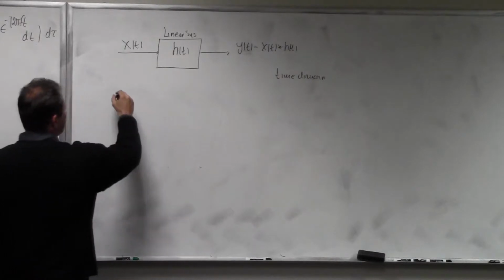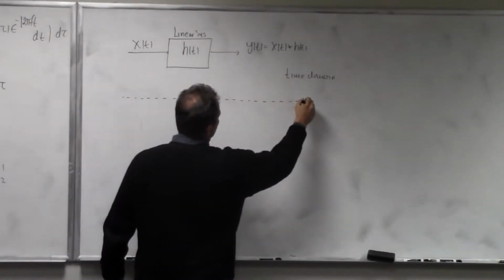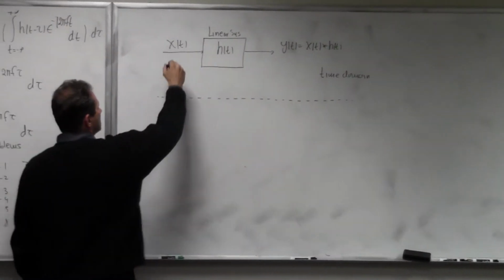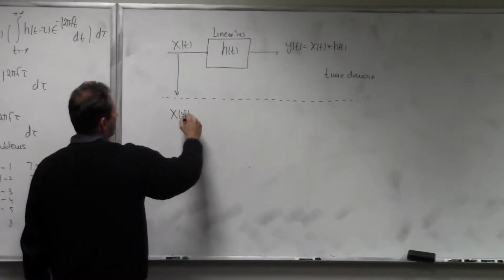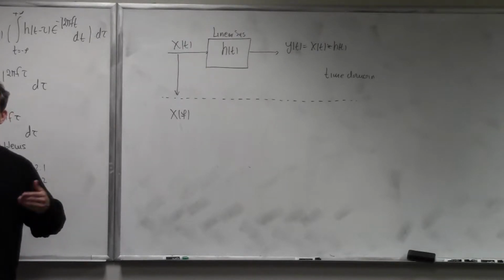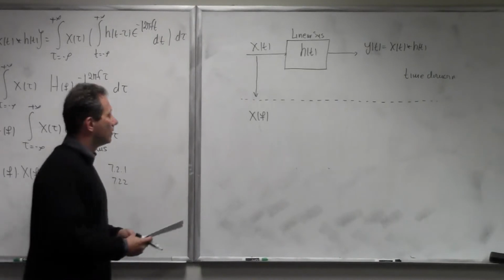Now, let's look at what we have uncovered by introducing the Fourier transform. This x of t transfers into x of f. What is x of f? X of f is the Fourier transform of your input signal.